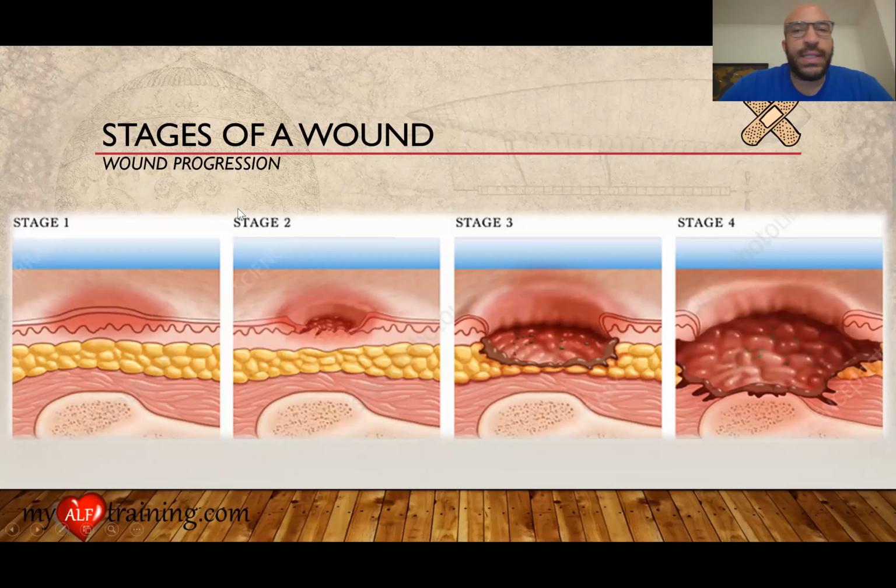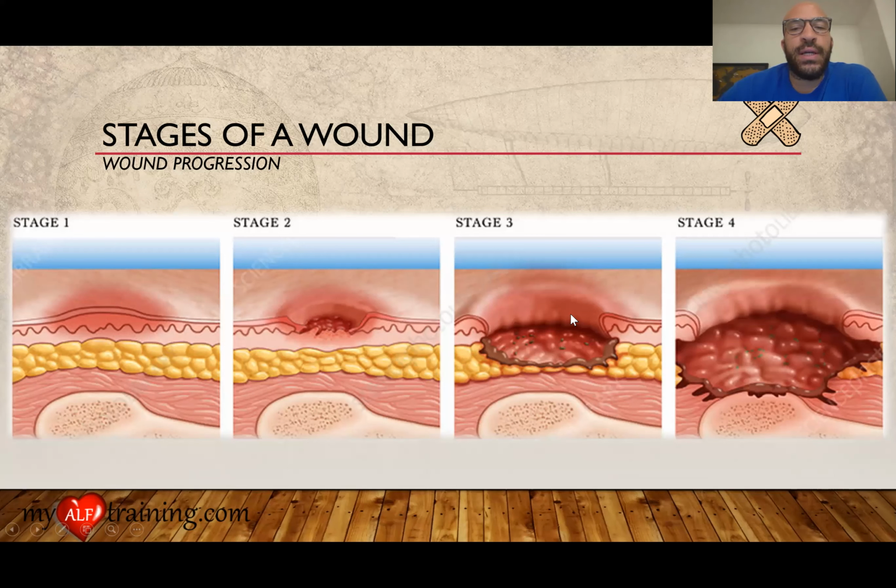Just so you can see a side by side of the wound progression. So stage 1, it's just a reddened area, but the epidermis isn't broken. Stage 2, the epidermis is indeed broken. May or may not proceed through the dermis, which would be this wavy line here.